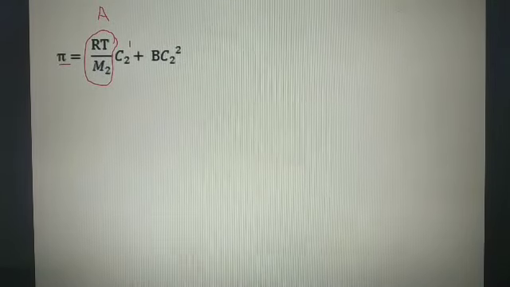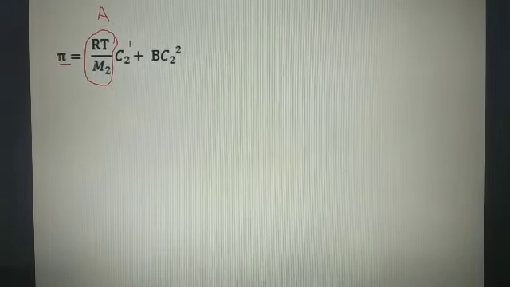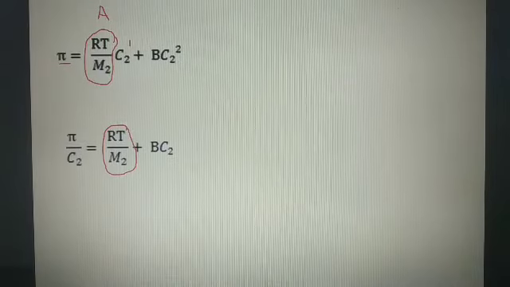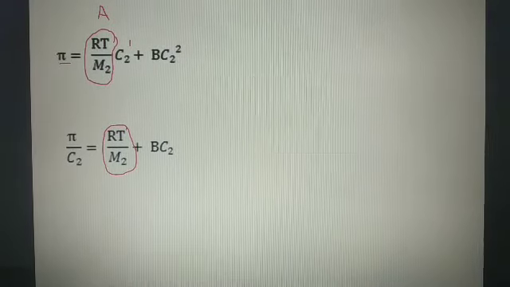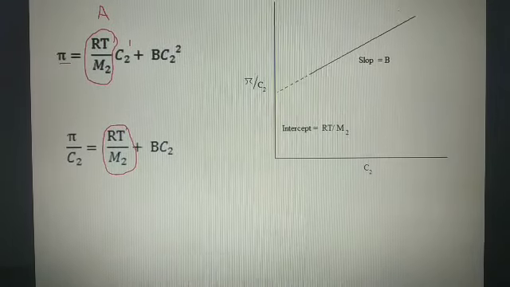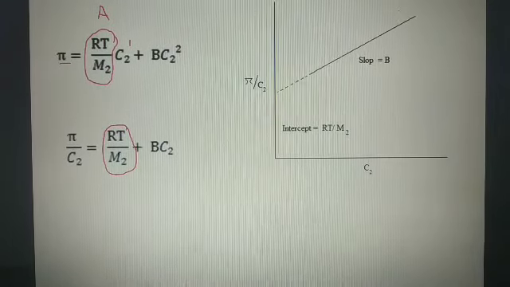Now take C2 to that side. We will have pi upon C2 equal to the constant term A plus B into C2. Now let us plot this pi upon C2 versus the concentration. So that is the plot here which shows variation of pi upon C2 versus C2.